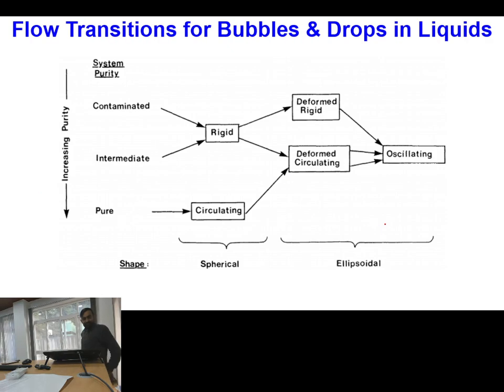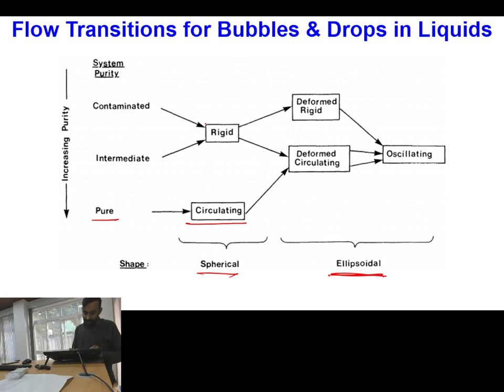Now if you see the flow transition for bubbles and drops in liquids, we have seen that in a 100% pure system, there are circulations present inside the bubble, and the smallest shape is spherical, and once the size increases, we move towards the ellipsoidal regime.